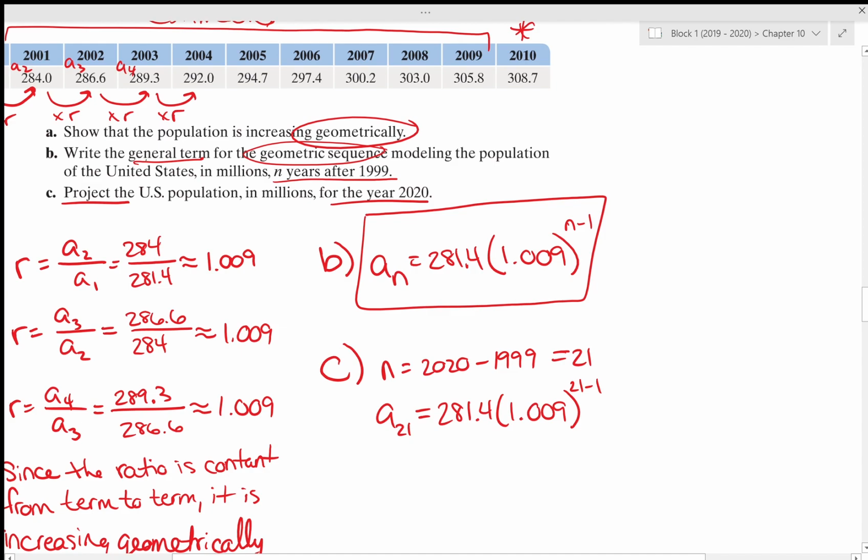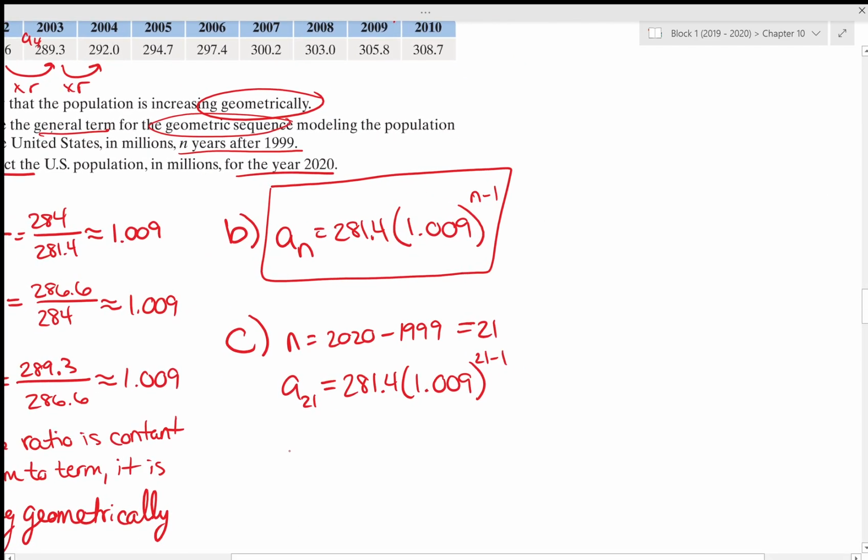You could put this in your calculator, just make sure you have parentheses in the proper spaces, and you are raising the 1.009 to the 20th power before you multiply by 281.4. So for A of 21, I'm going to get about 336.6 million people. Okay, because remember that number that you get is technically in millions.